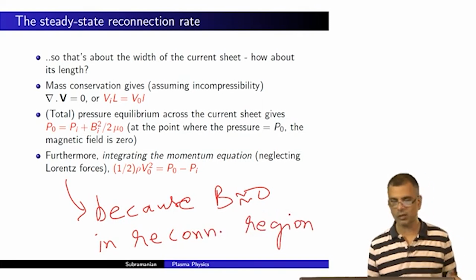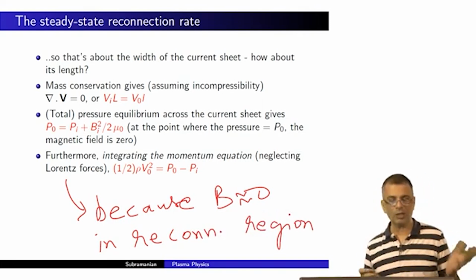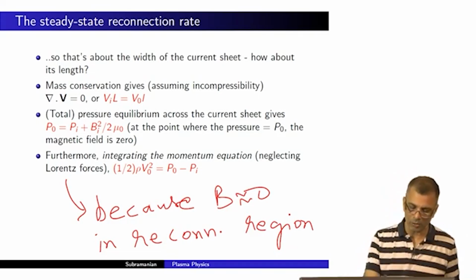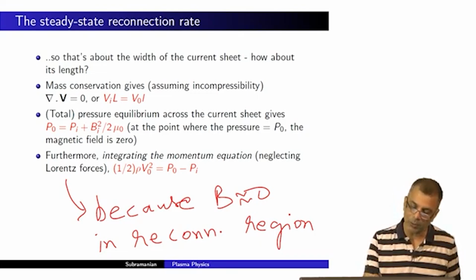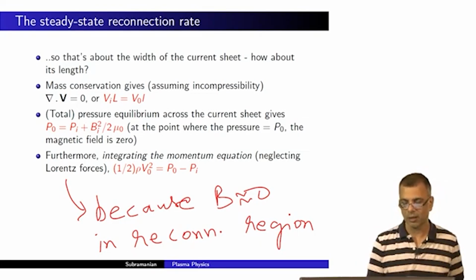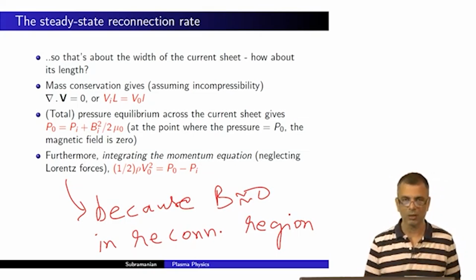So Lorentz forces are J cross B, so it's not so important. Therefore, this is the outflow velocity. This tells you how fast the outflow velocity will be. It depends upon the difference in gas pressures in the reconnection region and outside. Of course, on the mass density, no doubt.